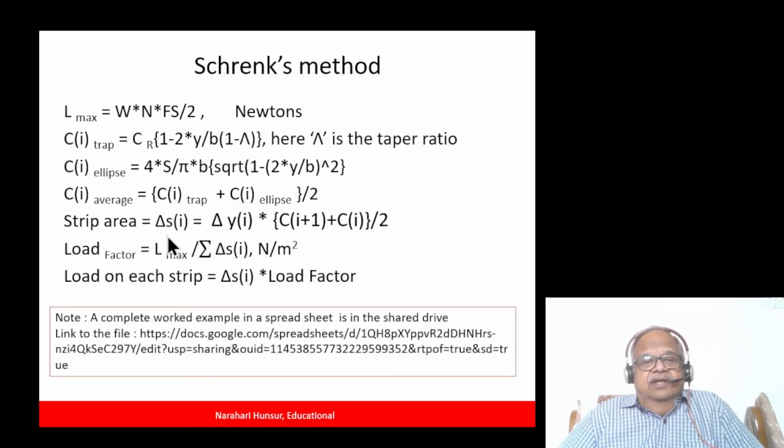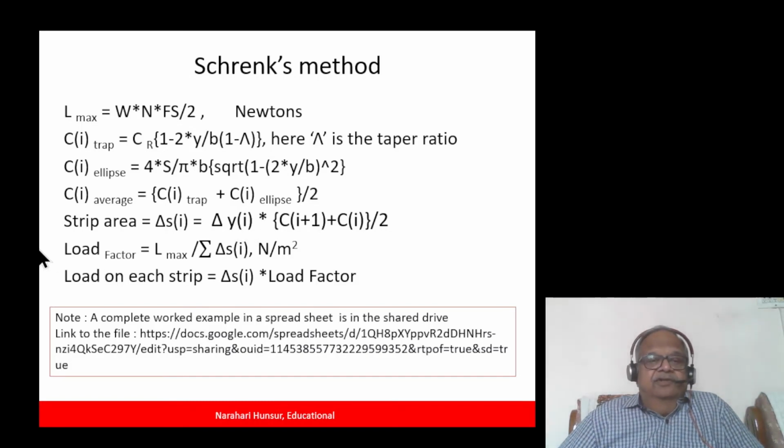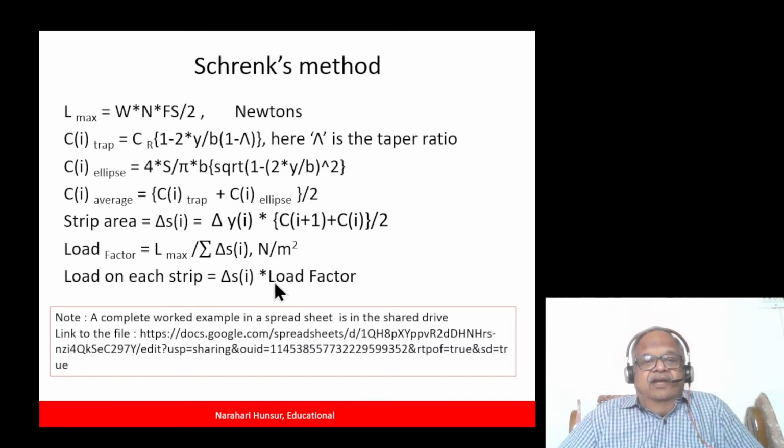That is basically the area of the strip: the average between these two chords into the width of the strip, which is delta yi. Then for the load factor, you have the maximum load divided by all the strip area. This comes out as Newton per meter square. So the load on each strip is delta Si into the load factor. This is how you compute the load factor.